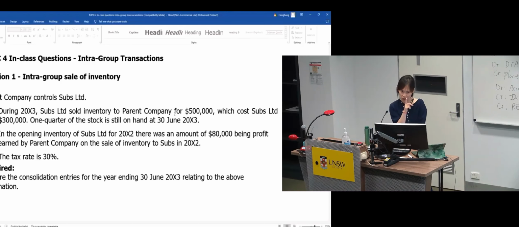If all the inventories are still on hand, you're right, 200,000. Otherwise, your adjustment is based on the percentage of inventory still on hand, that is 25% multiplied by 200,000. And the balancing figure, we make adjustment to cost of sale.